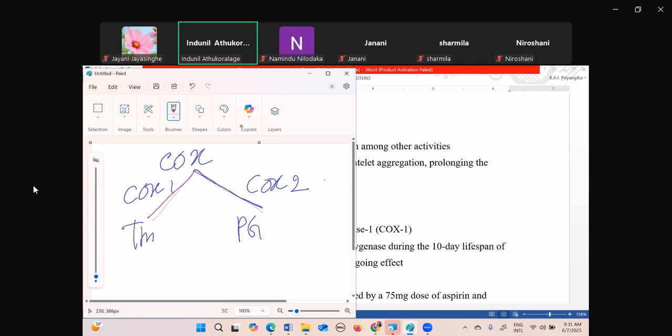COX-1 is mainly thromboxane as well as some prostaglandins, right? What aspirin does is it inhibits COX-1.